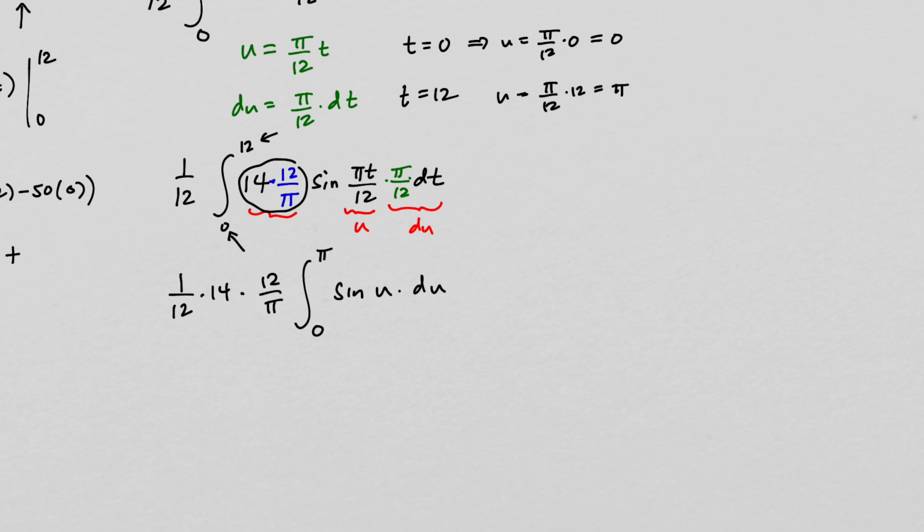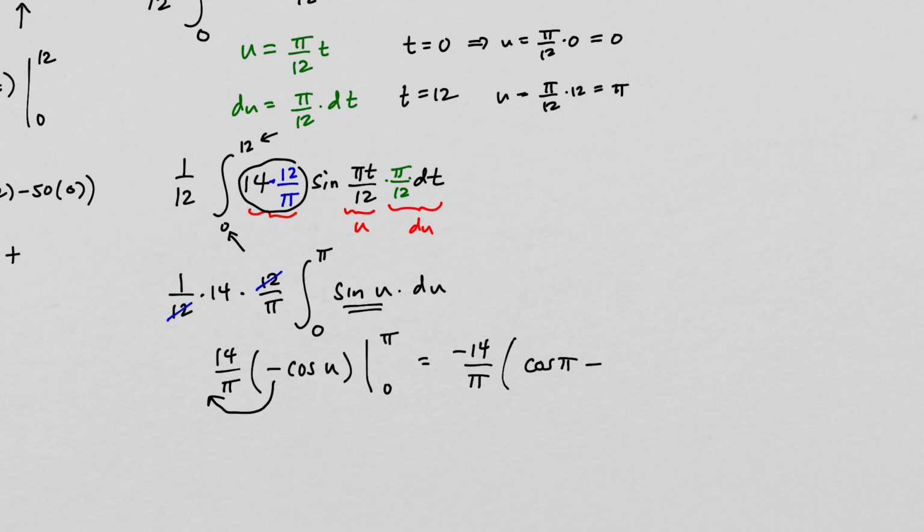Now on the outside of our integral here, the 12s cancel out, and we have 14 over pi. And now let's go ahead and take the antiderivative of sine of u, which is negative cosine of u. And we're going to go from 0 to pi. And so this is equal to negative 14 over pi, so factoring this negative out here, and then we have cosine of pi minus cosine of 0.